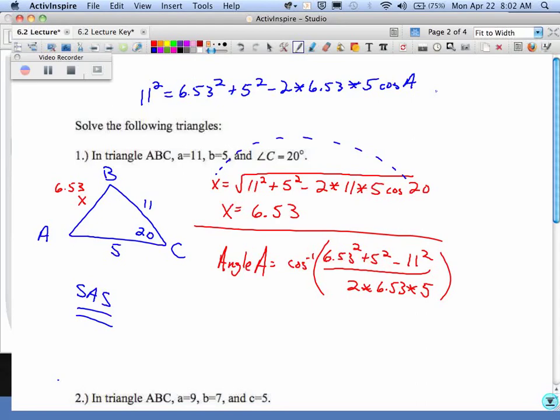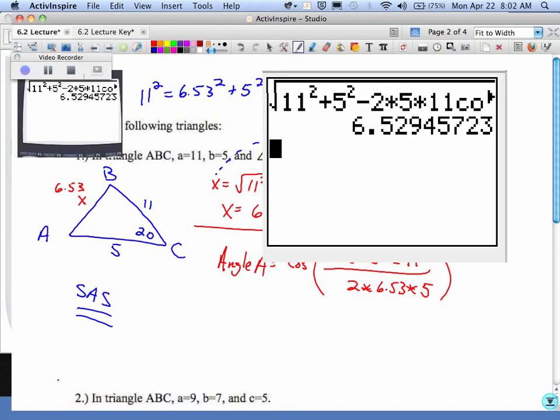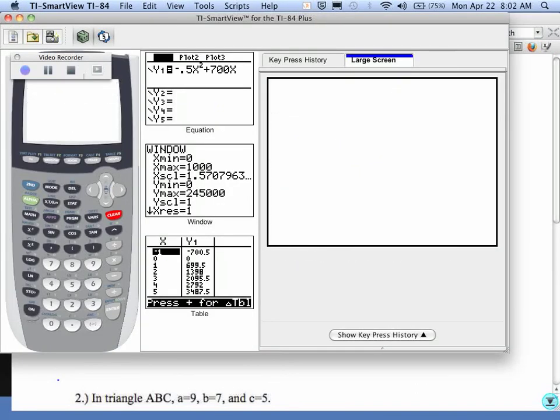When you go to the calculator, I do it this way, and so I go second cosine. I have to put additional parentheses around the top and the bottom. So that first parenthesis that pops up is for cosine inverse. So we're going to do the top, which would be 6.53 squared plus 5 squared. Those two are positive on top.